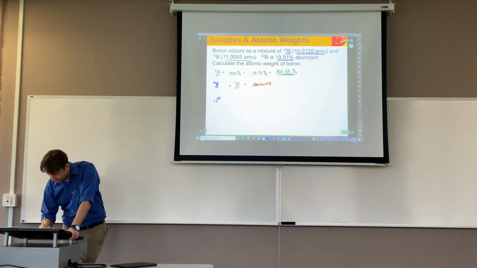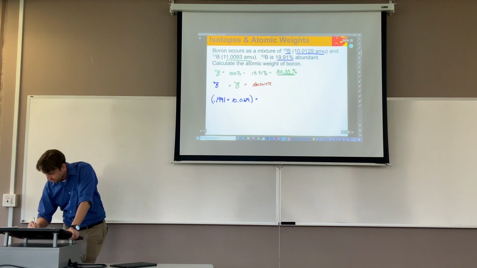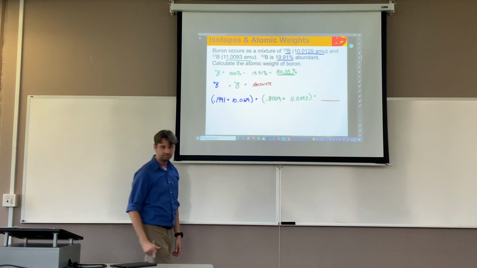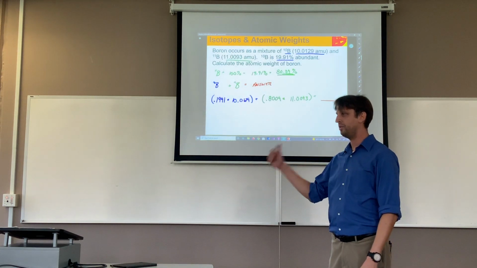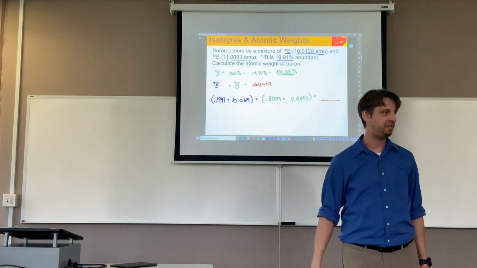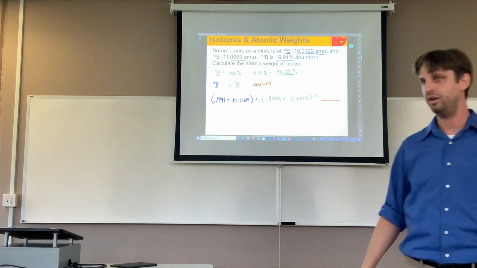Fractional abundance, 0.1991, times the mass, 10.0129, plus 0.8009 times 11.0093 equals. Everybody with me, how I got those numbers? Do you guys see how I'm dealing with the percentages there? I just turn them into fractions. That's all a percentage is, right?